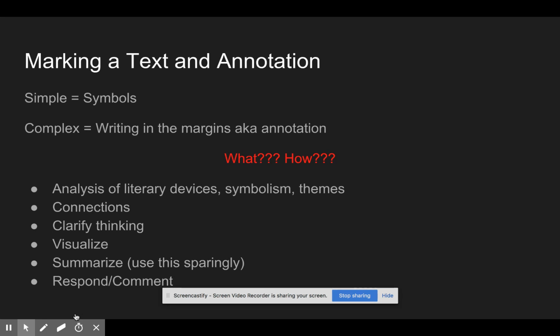And while we still use those ideas because they're important, such as circling the words or boxing a main idea or a key idea, we also need to write in the margins, aka annotation. And this is a little bit more complex, but it allows you to get your thinking done. And think about it this way.